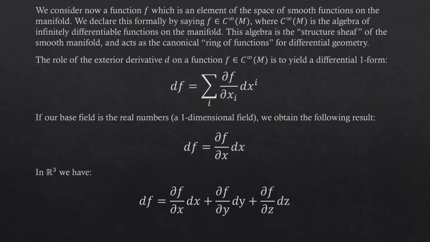Notice we don't multiply any of the exterior derivatives together, nor any of the sum differentials themselves. So these are all differential one-forms, and the sum of all these differential one-forms is also a differential one-form. And we call that df, the exterior derivative of the function f. And this goes on for arbitrary dimensions.